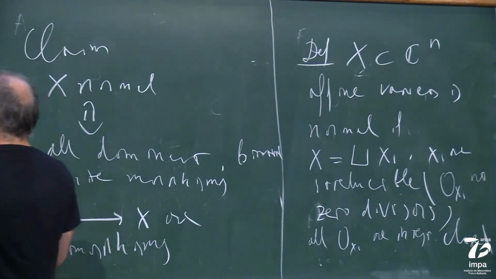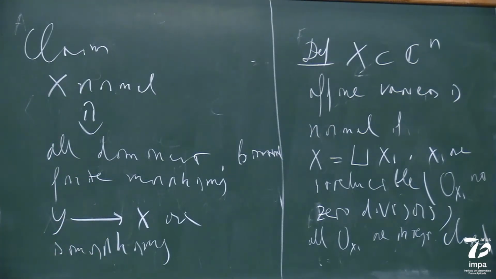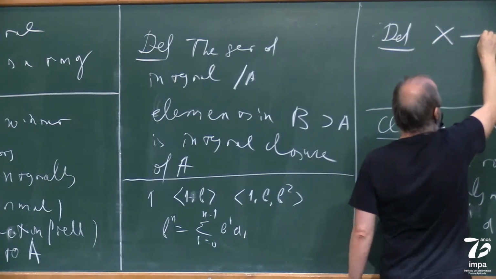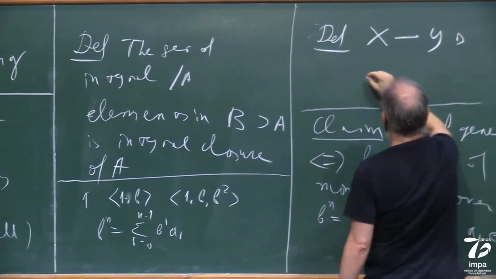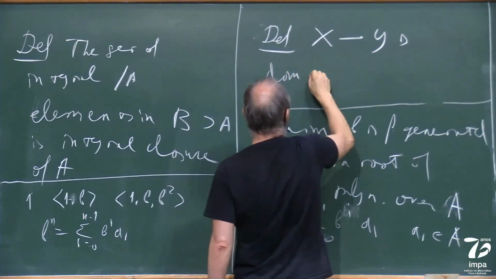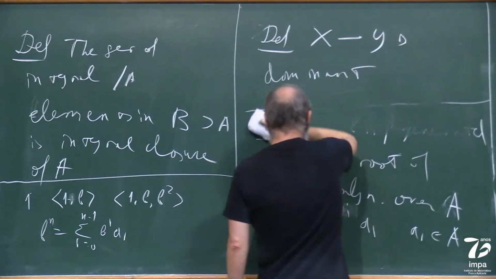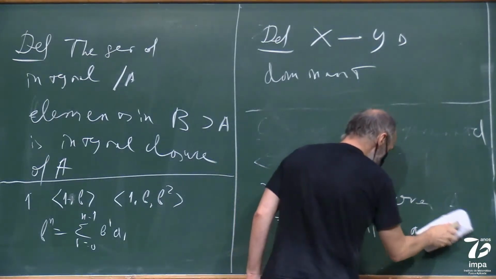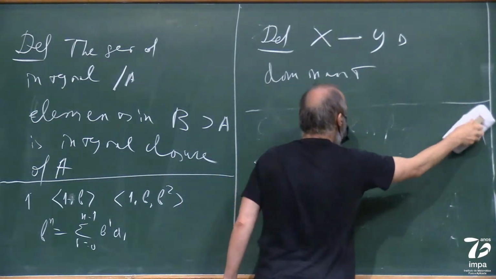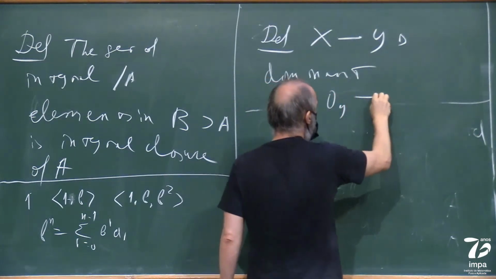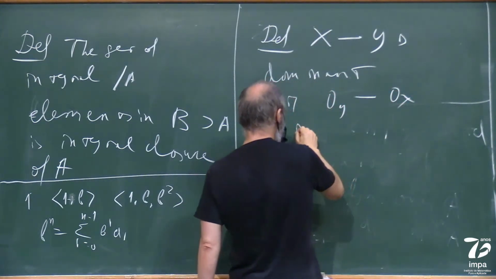So it's something we had last time. Let me repeat it. It's important. Definition: X to Y is dominant. Well, last time it was a lemma, but I defined it if O_Y to O_X is injective.